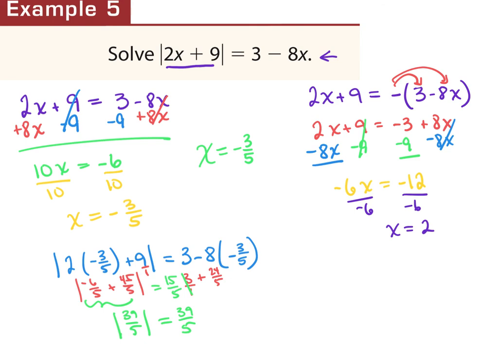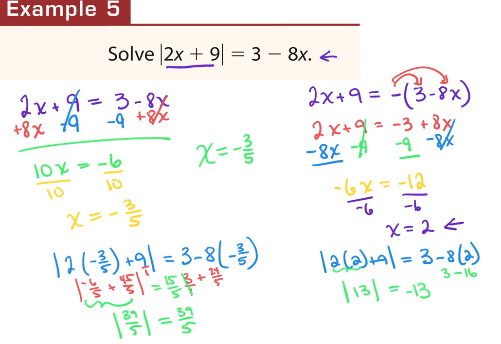I am going to do the same thing with this answer right here. 2 times 2 plus 9 equals 3 minus 8 times 2. 2 times 2 is 4, right? Plus 9. That's going to be absolute value of 13. 3 minus 8 times 2 is 16. What is 3 minus 16? -13.